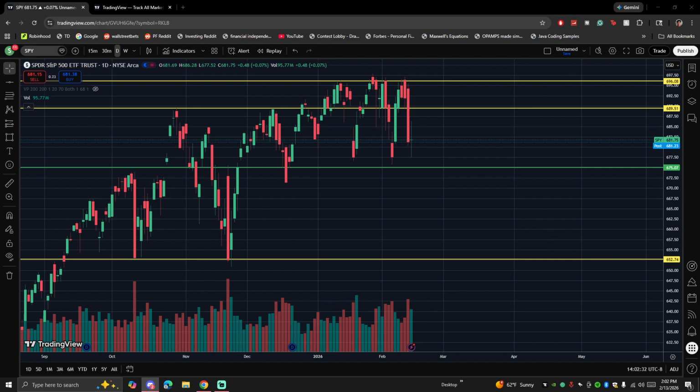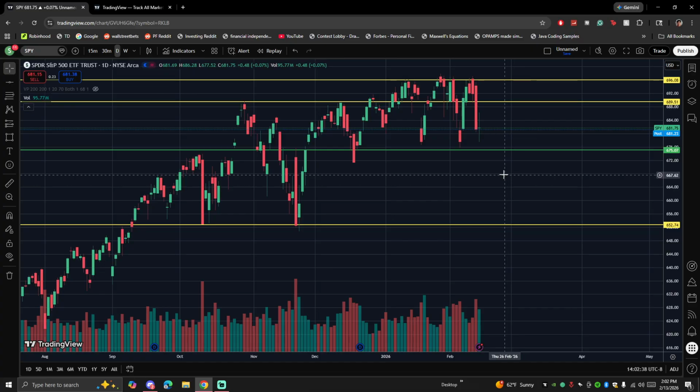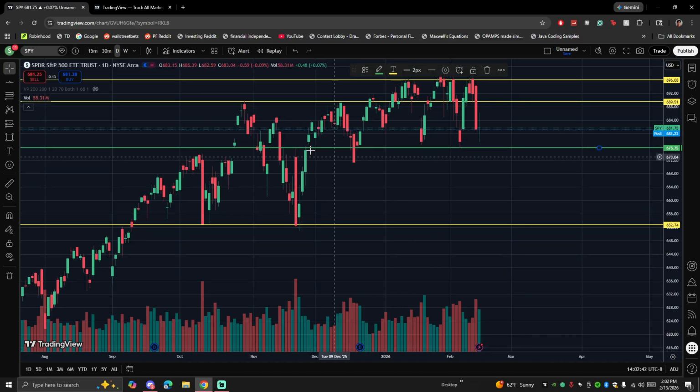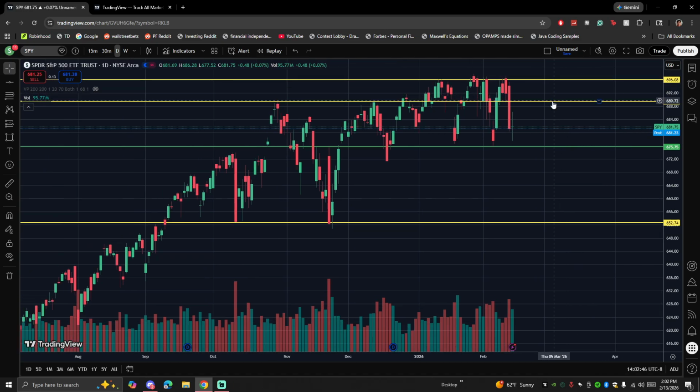Yeah, no worries. Okay, so we're looking at SPY now. SPY has been somewhat caught in a range, a fairly tight range, I must say, between 675 or so and all-time highs. I marked out a previous high here from a while back at 689 or 690.